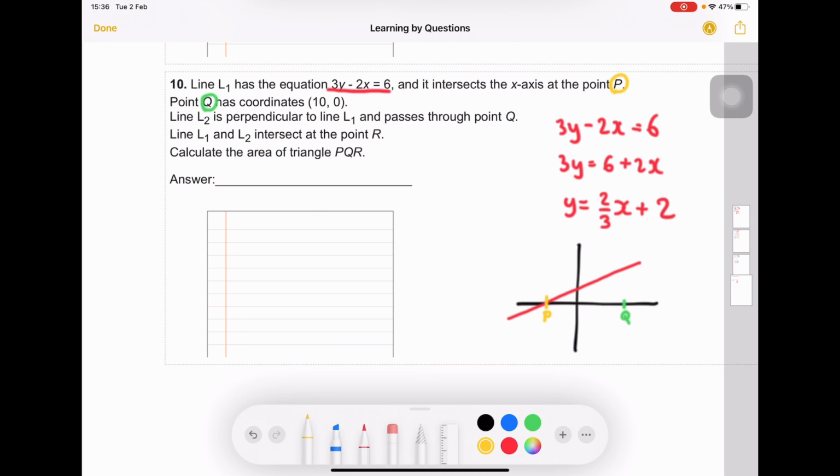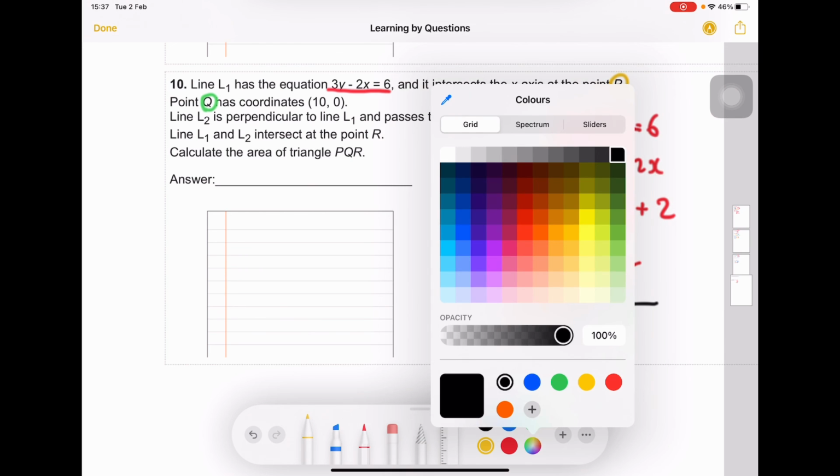Alright, line L2 is perpendicular to line L1 and passes through point Q. Line L2 and L1 intersect at point R. Calculate the area of triangle PQR. Okay, I'm going to draw another line.